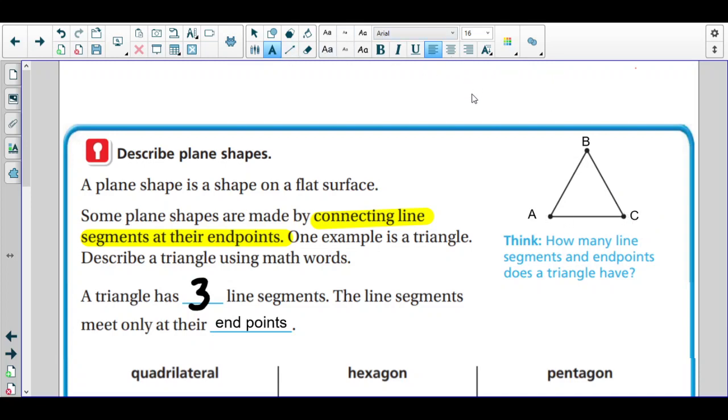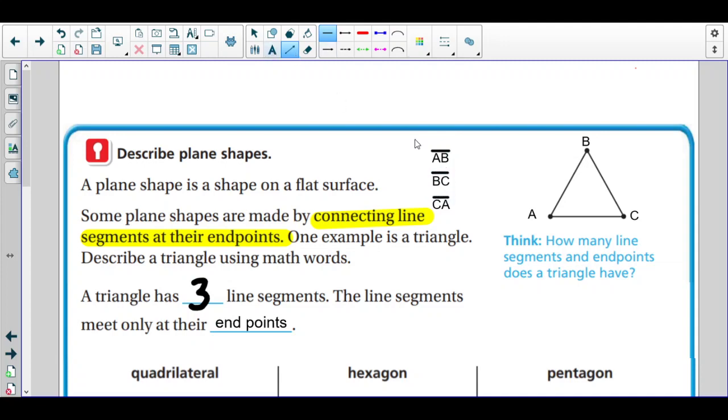So what were the 3 line segments? Well, we had AB, and then we had BC, and then we had, and we'll just go ahead and name it CA. That's the way so we can easily go around and label these.